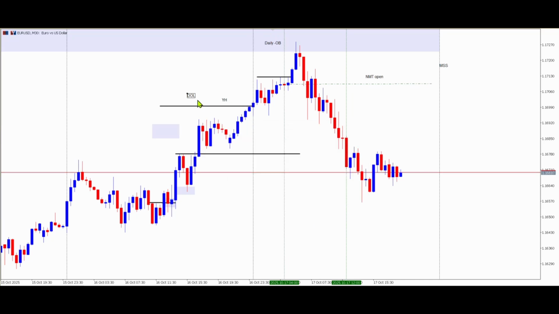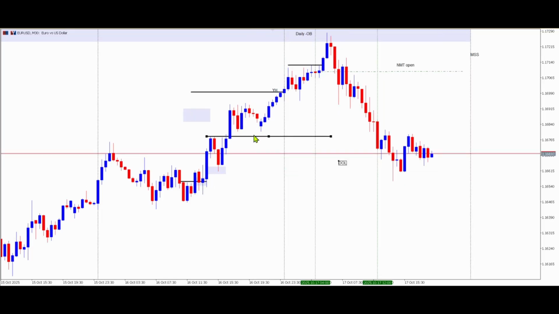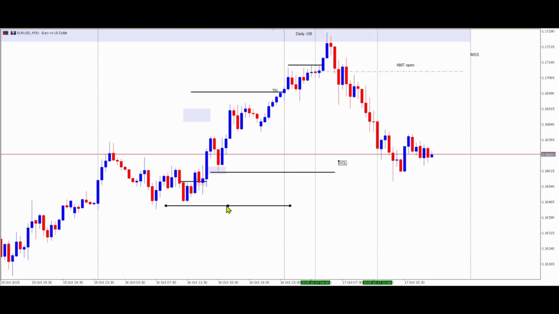Alright, so yesterday's high right here, we grab liquidity above it. Now our draw on liquidity will be down here. I will show you. For me, the draw on liquidity is actually this low here. After that low, we have this draw on liquidity down here.